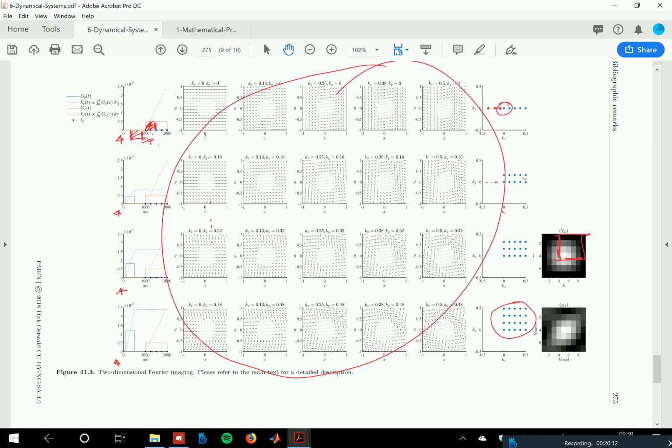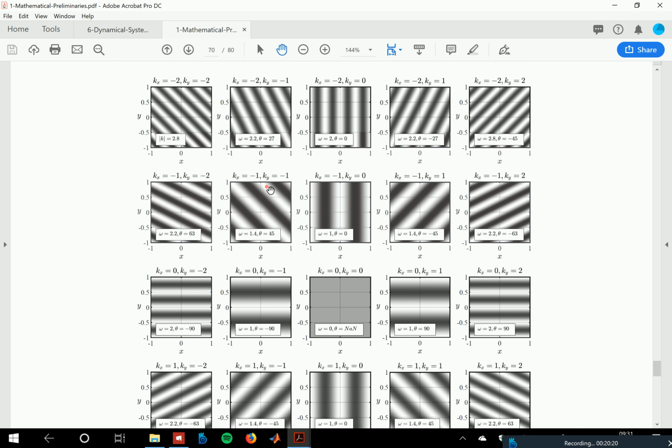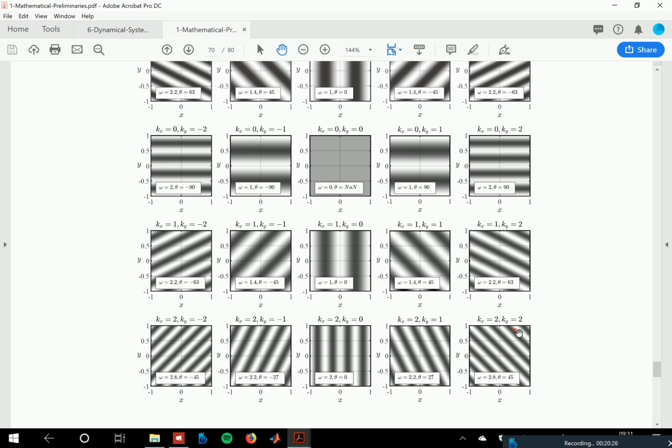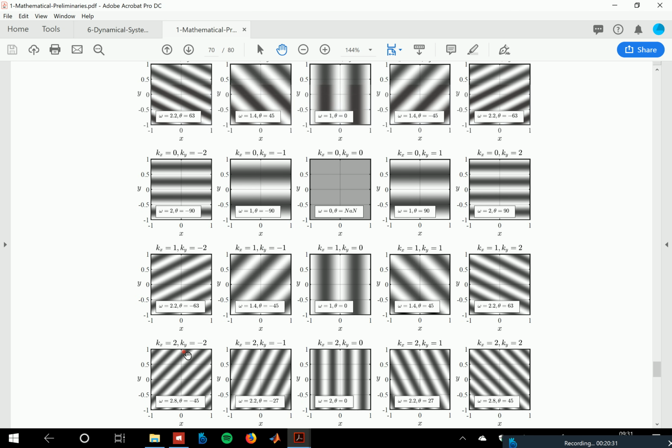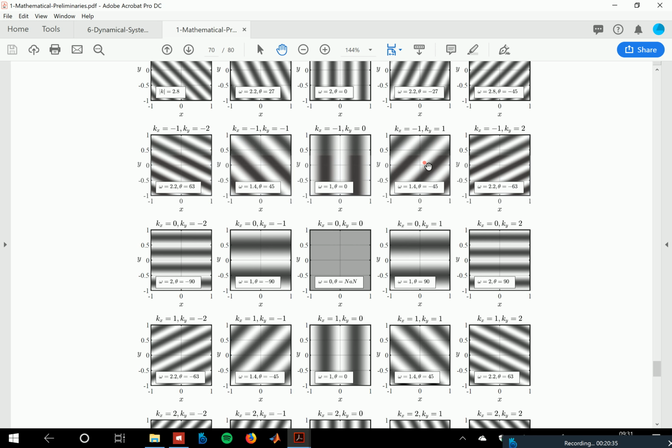Now, if you look at the spatial frequency properties of this, you see that there is some redundancy, right? So kx minus 2 and ky minus 2 is the same as kx 2 and ky 2. Yeah, it's the same spatial frequency filter. And the same for this and for this.